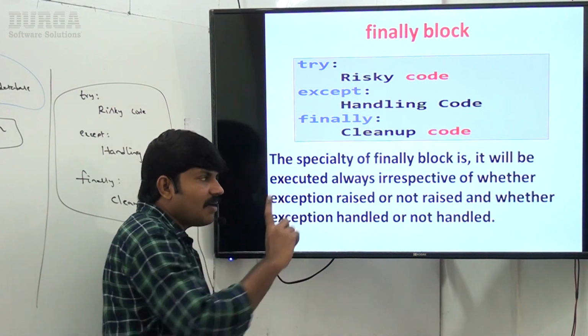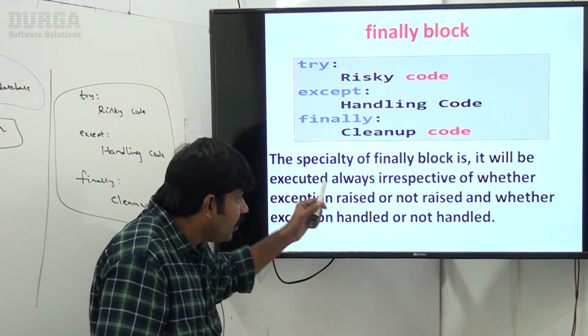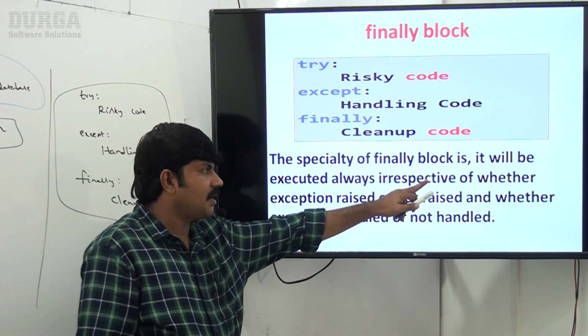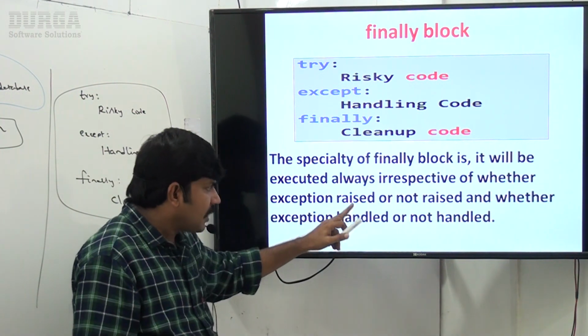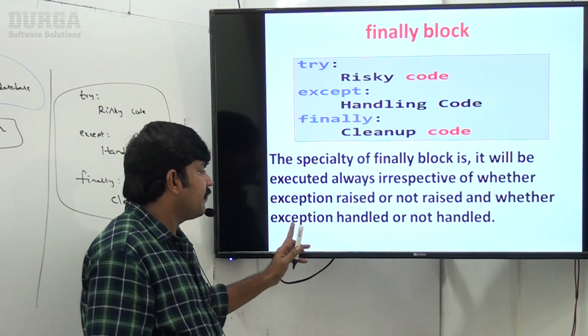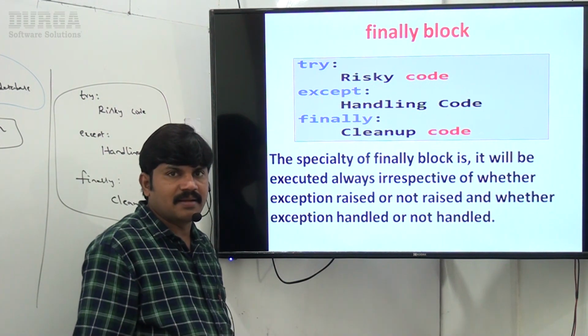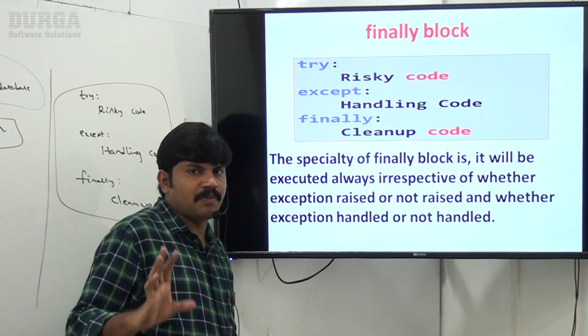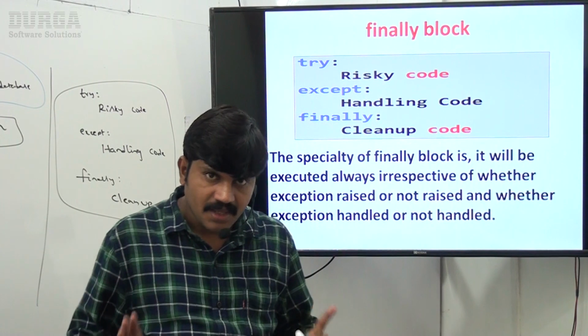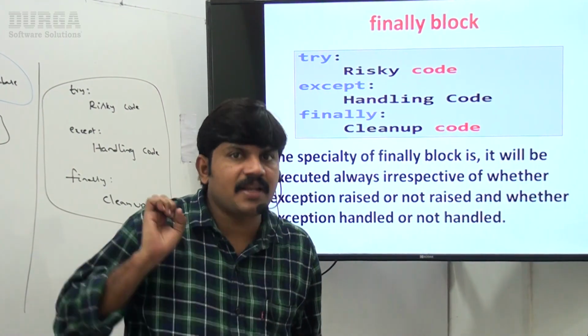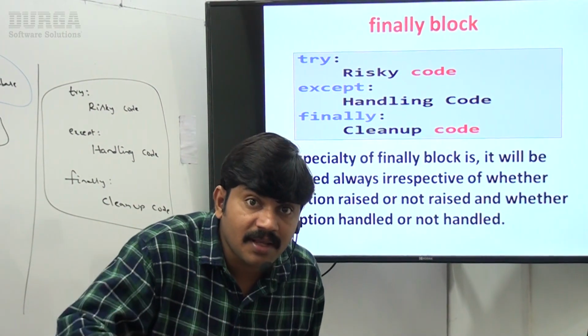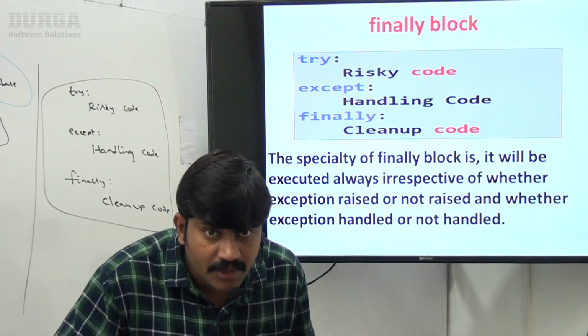The speciality of the finally block is that it will be executed always, irrespective of whether the exception is raised or not raised, and whether handled or not handled. In any case, the finally block will be executed. Clear, right? What is the purpose of the finally block? Next, what is the speciality of the finally block? Any doubt?